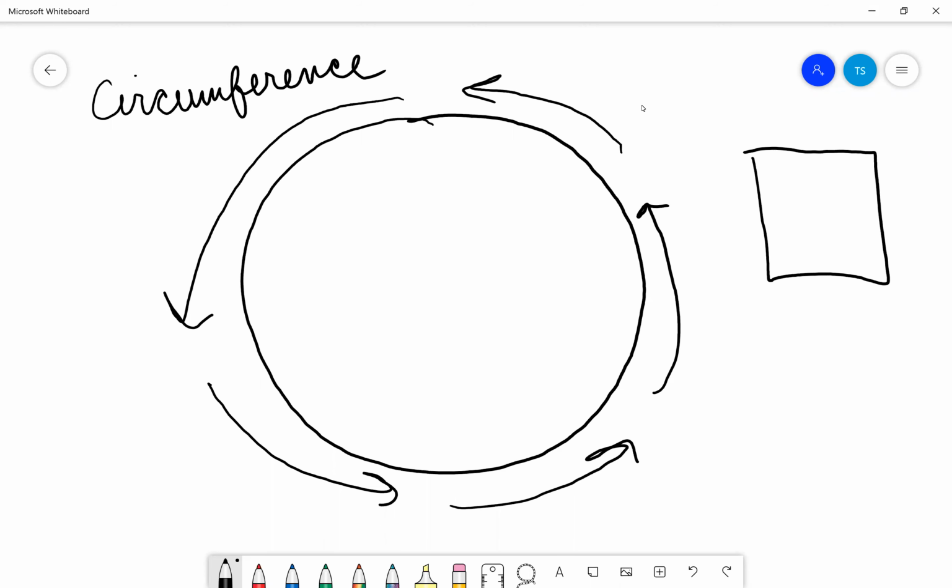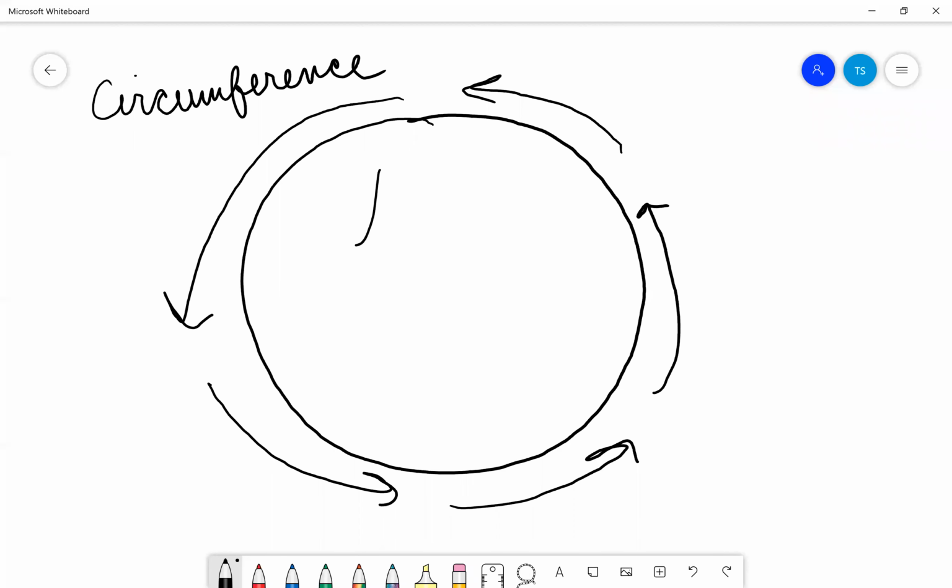Because if you had a square and you knew that this side was 4, this side was 4, this side was 4, and this side was 4, you just add up all 4 sides and you would know what the perimeter of a square is. But now we're doing a circle, so it's a little bit trickier. So the circumference is the measurement of the outside of the circle.